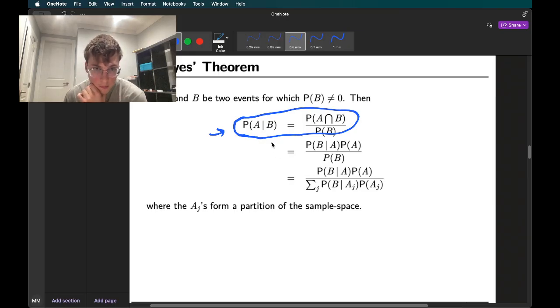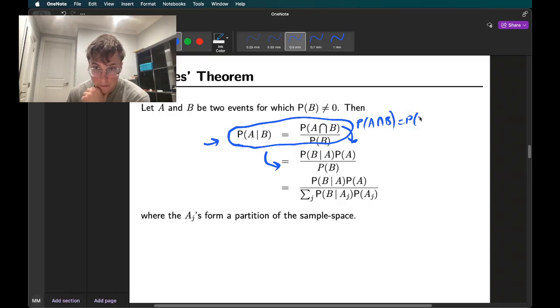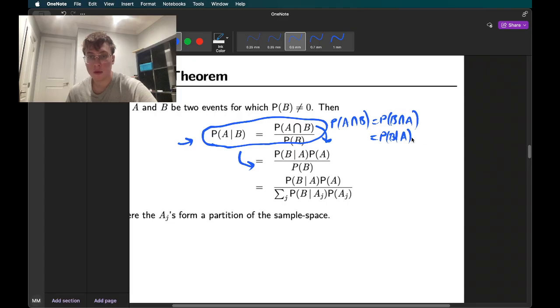So then it continues with a sort of derivation. The thing is, how do you get from this to this? It's very straightforward. P of A intersect B is P of B intersect A, and then we apply the exact same definition to get P of B given A times P of A. Hopefully that makes sense.